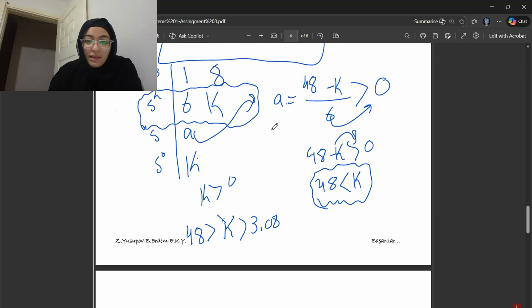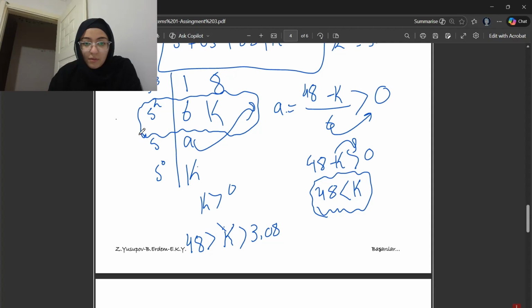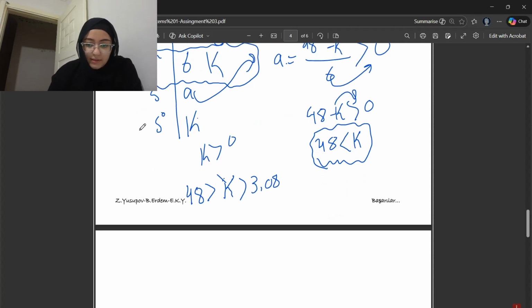Now we need to find the intersection with the j omega poles. Let me write it here: s squared plus 6s plus k equals 0.